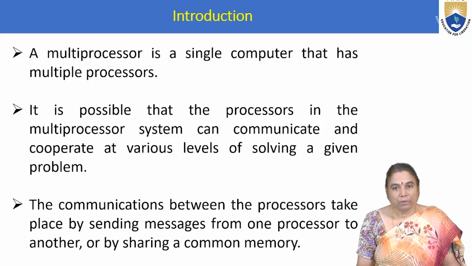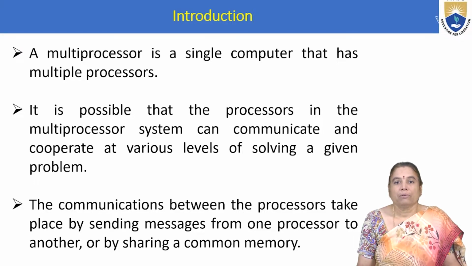It is possible for the processors to communicate among themselves with the help of message passing or shared memory techniques. These processors can communicate to provide computationally intensive or large volume processing or distributed application development.